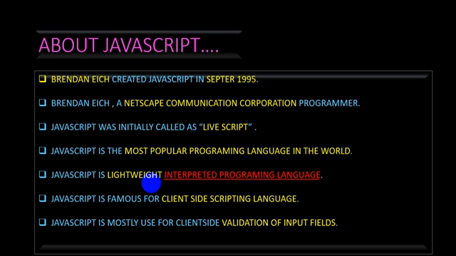If your application uses a very heavyweight language, your browser will be slow, your internet gets slow, or your application will not work as per your requirement, or its performance may be very slow. So the main characteristic of JavaScript is that it is lightweight, meaning it will run in a fraction of a second. You will get the output in a fraction of a second.